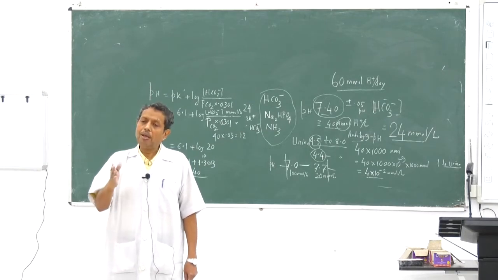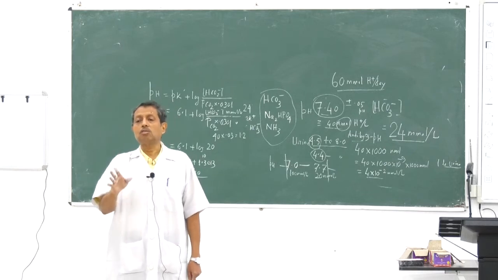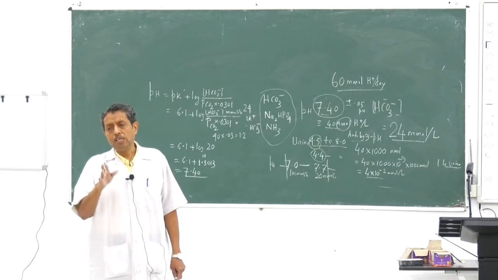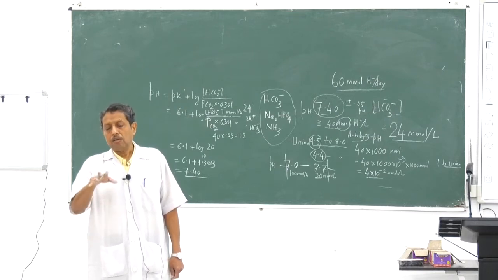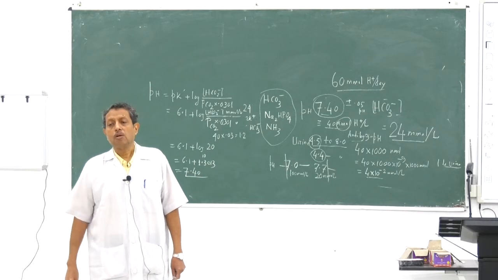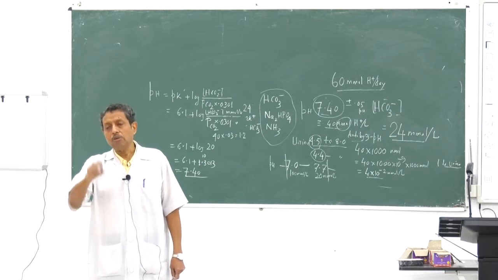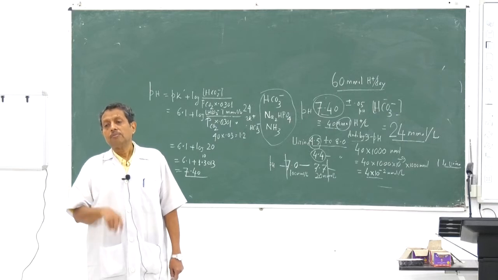When the bicarbonate concentration goes beyond 26 to 28 milliequivalent per liter, then some amount is present in the urine. Otherwise, it is completely reabsorbed. So it is also the process of elimination of hydrogen ion along with reabsorption of bicarbonate.